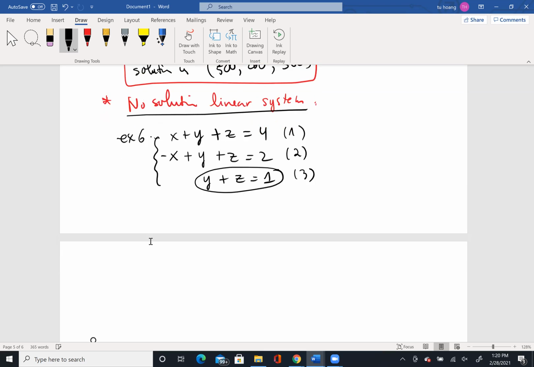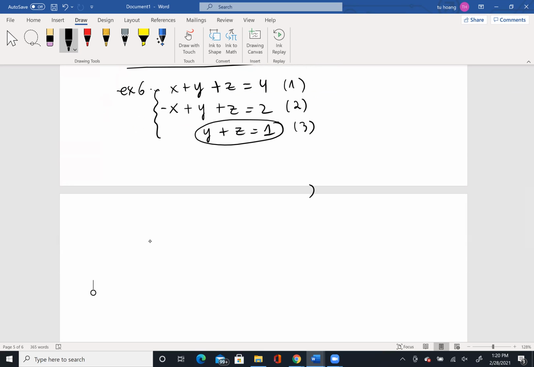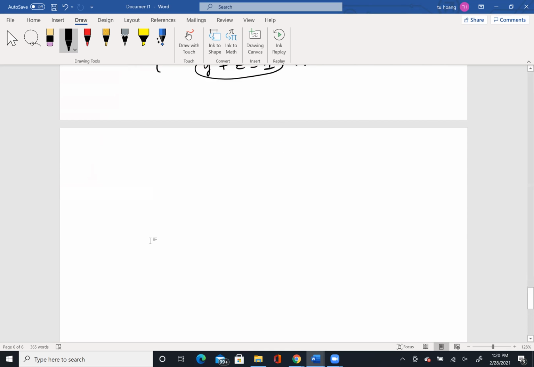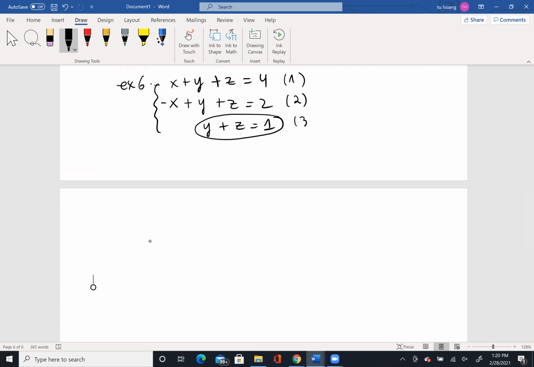So let me go to step 1, which is eliminate x in equation 2.